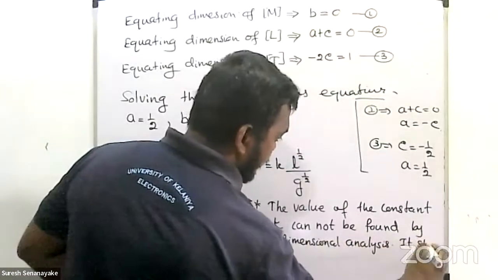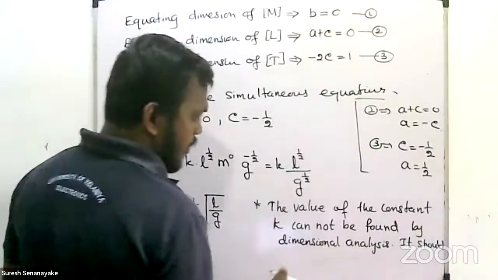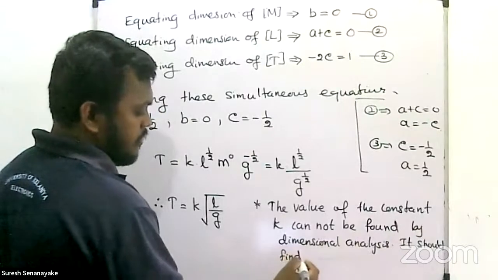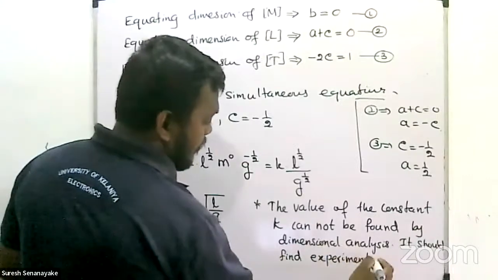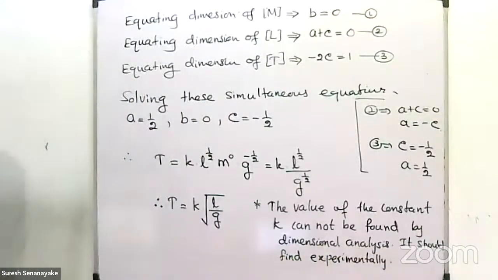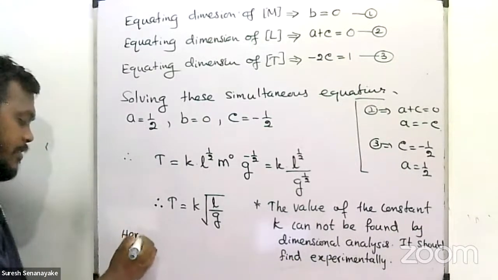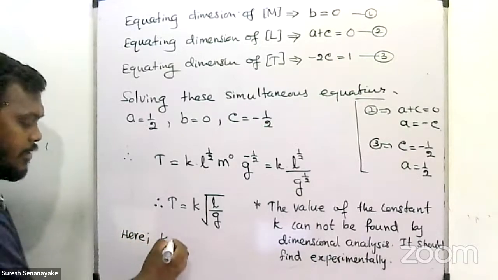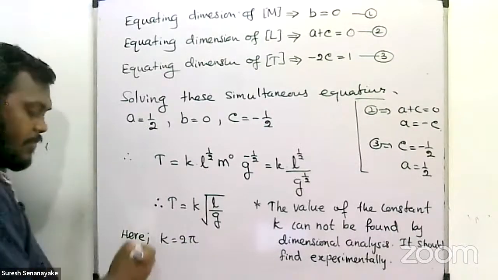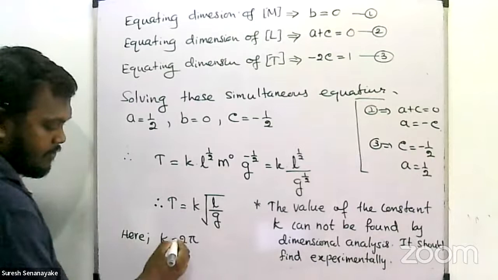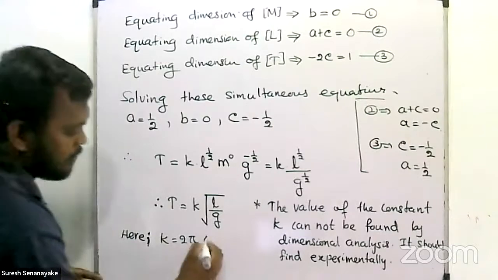It should be found experimentally. Here K is given as 2.5, which we can find experimentally.